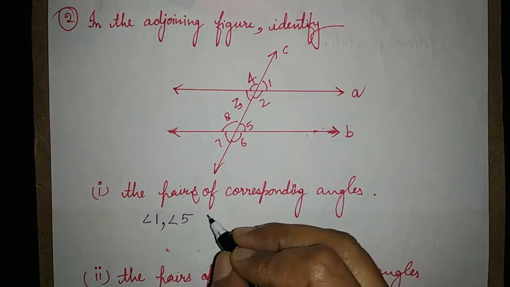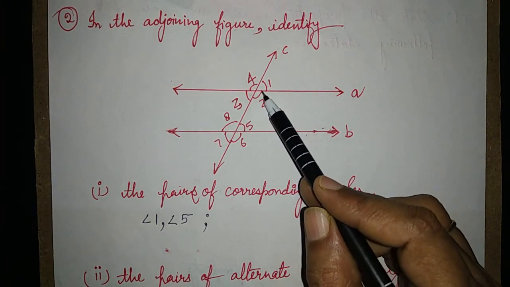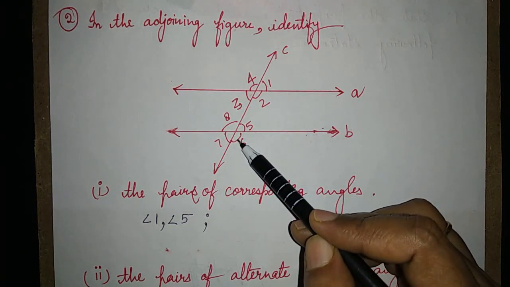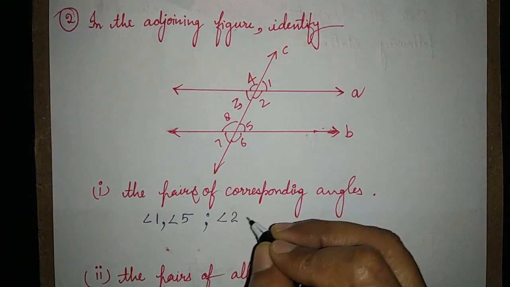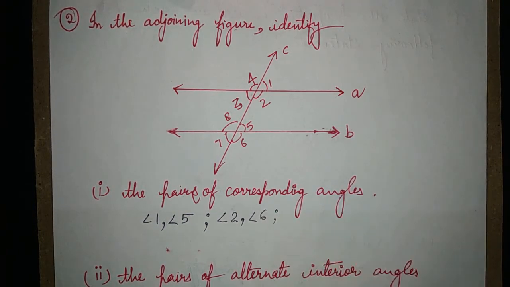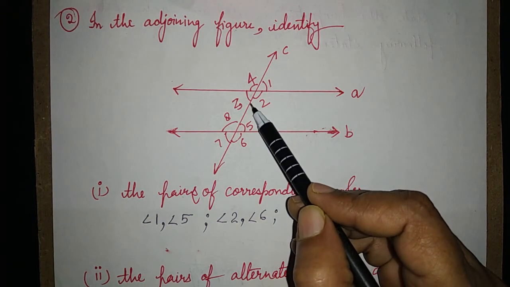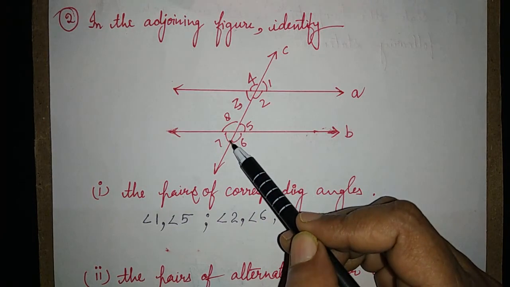After this, you see angle 2 and angle 6. They both are a pair of corresponding angles. Now see the third pair of corresponding angles. Here angle 3 and angle 7 are also a pair of corresponding angles.